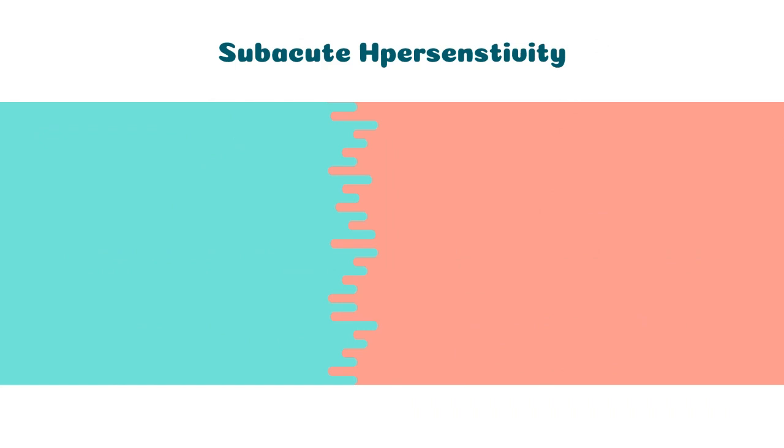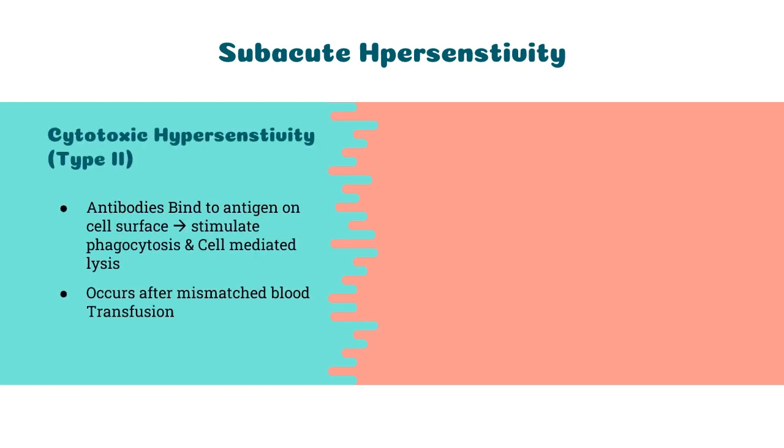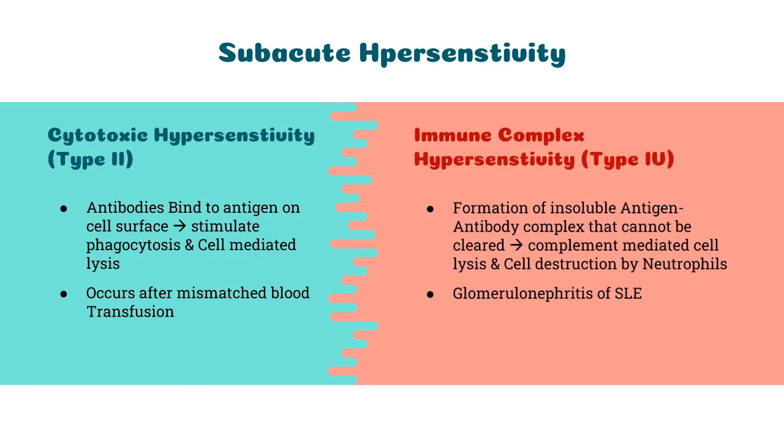We have the subacute hypersensitivity, which is type 2 and type 3. Type 2 is also known as cytotoxic hypersensitivity, and type 3 is also known as immune complex hypersensitivity.